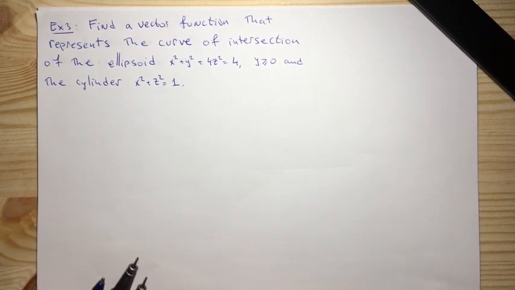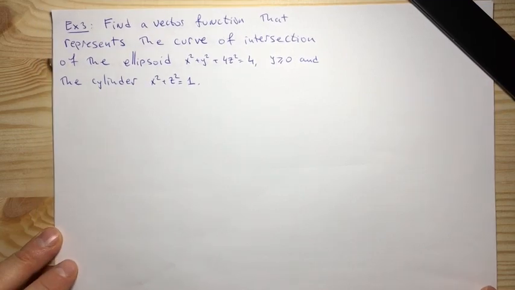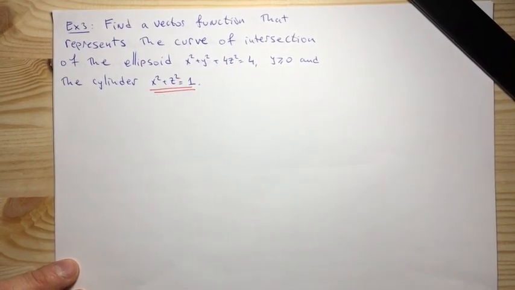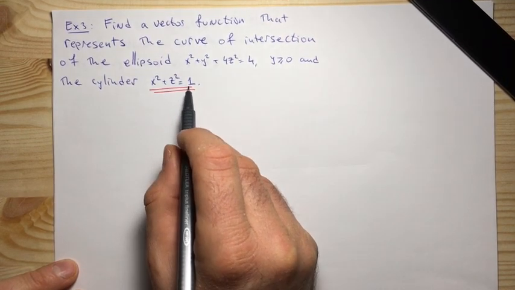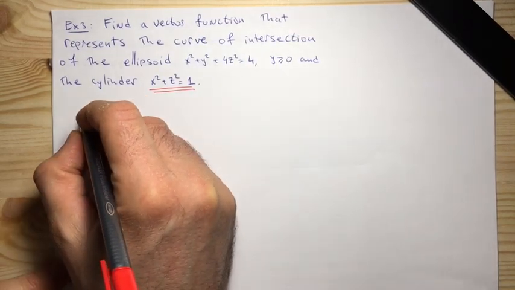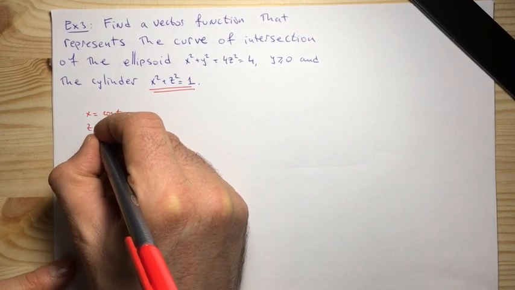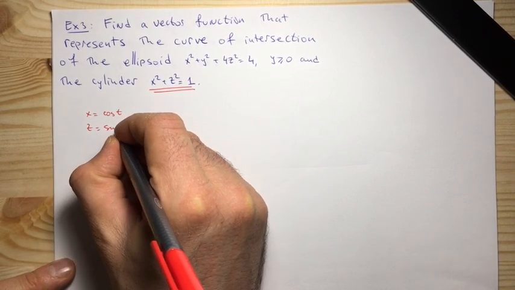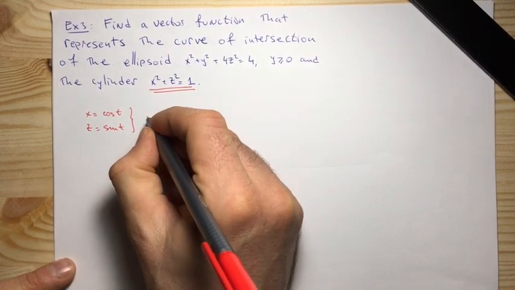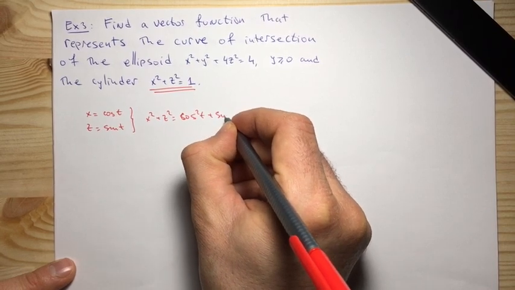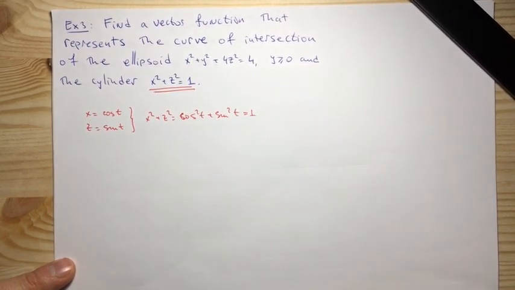Okay, so right away you have to identify what would be the go-to equation. So x squared plus z squared is equal to 1. If you write x as cosine t, and if you write z as sine of t, then indeed x squared plus z squared is equal to cosine squared t plus sine squared t is equal to 1.